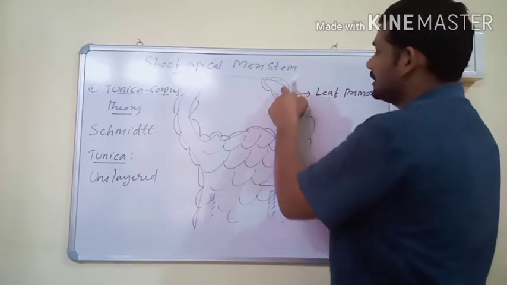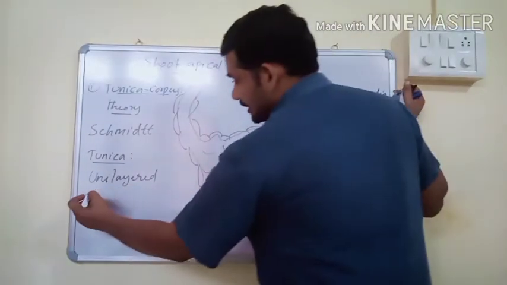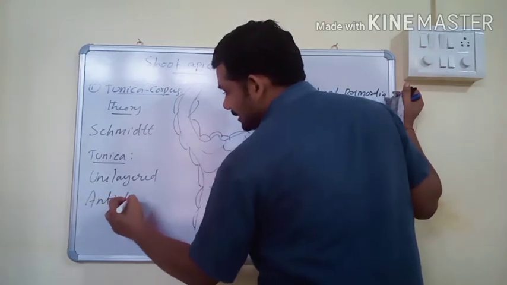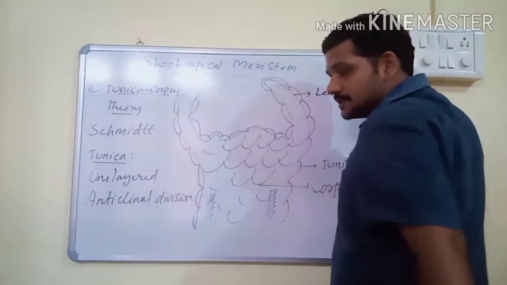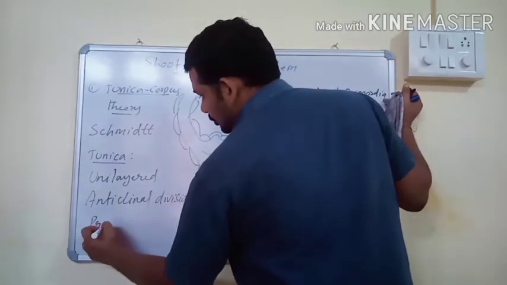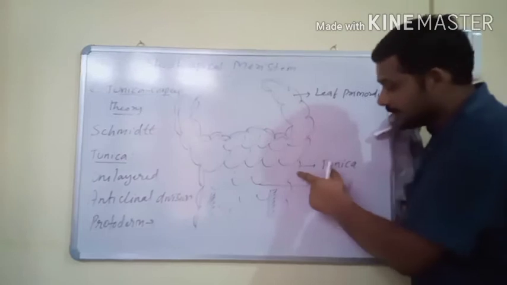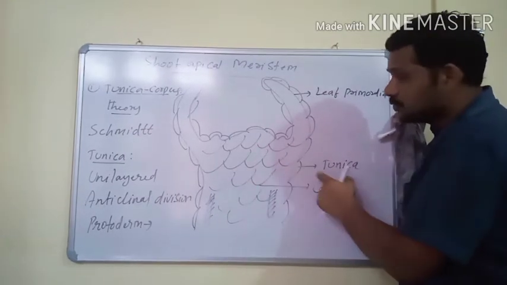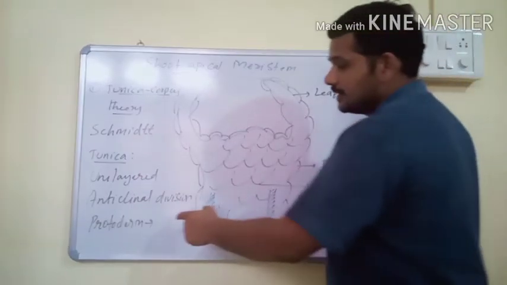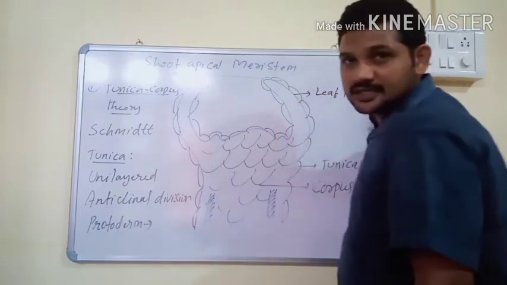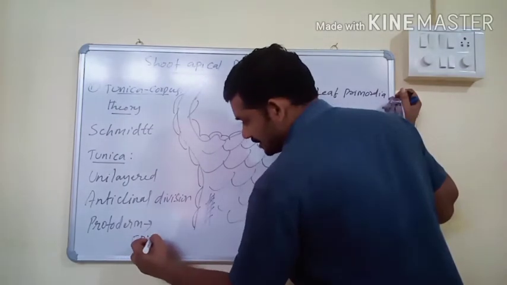The cells of tunica undergo anticlinal divisions to form a special internal tissue known as protoderm, and protoderm later gives rise to epidermis.